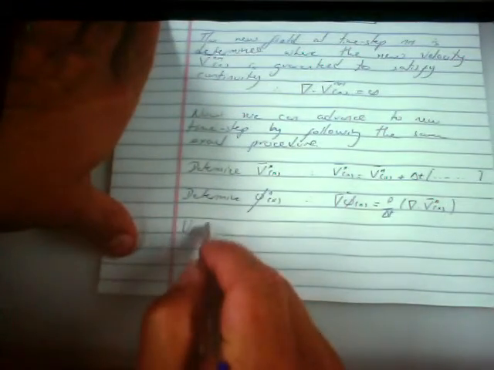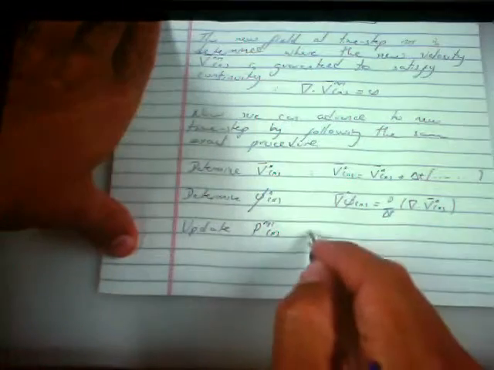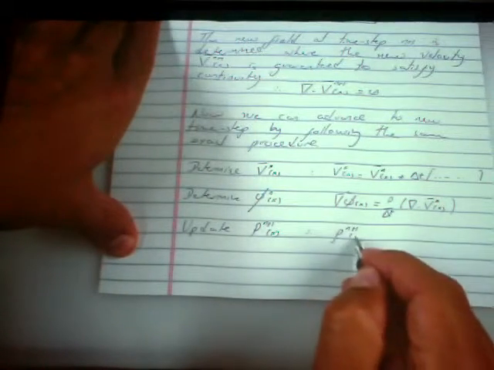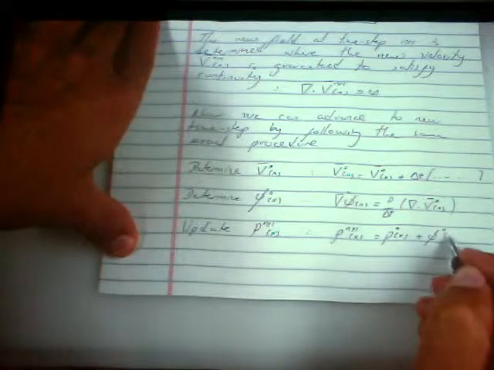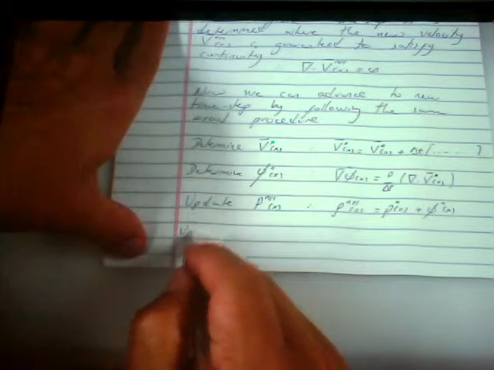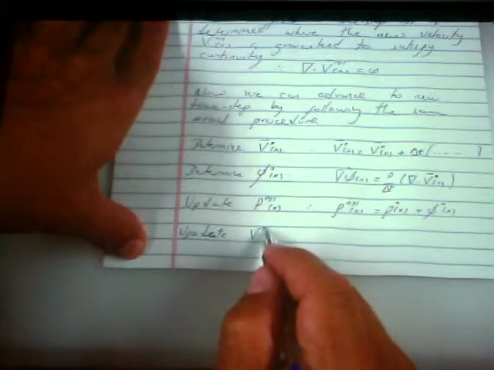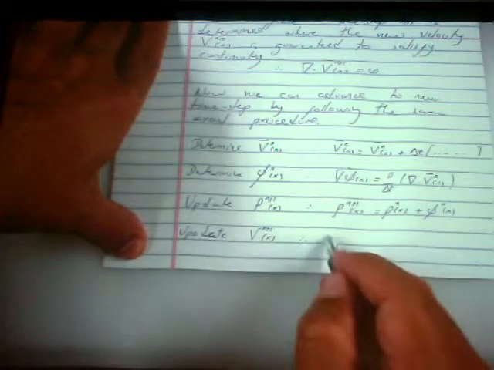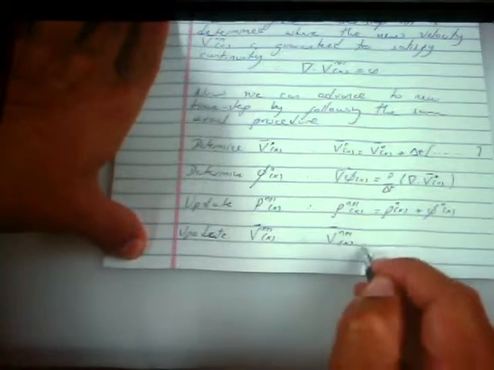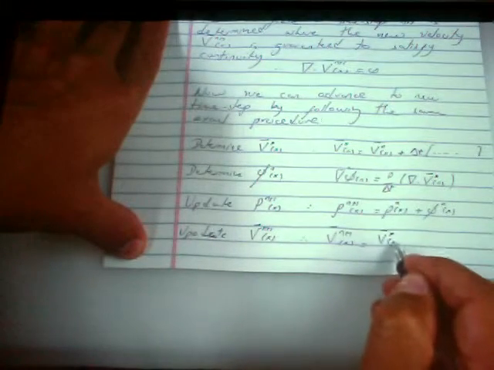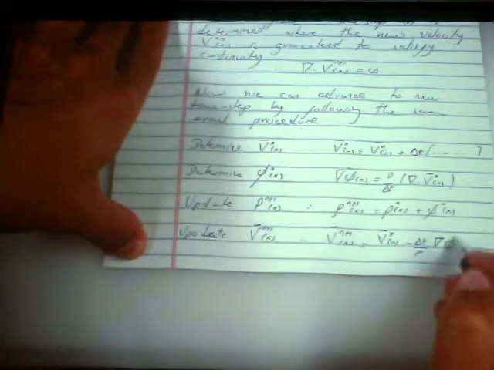Update P, which is equal to Px plus phi, and update V such that V^(n+1) is equal to V star minus delta T over rho gradient of phi.